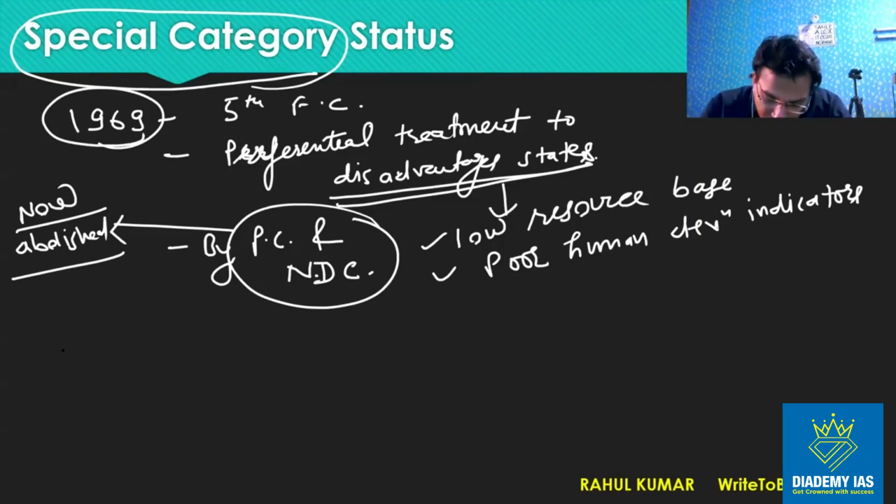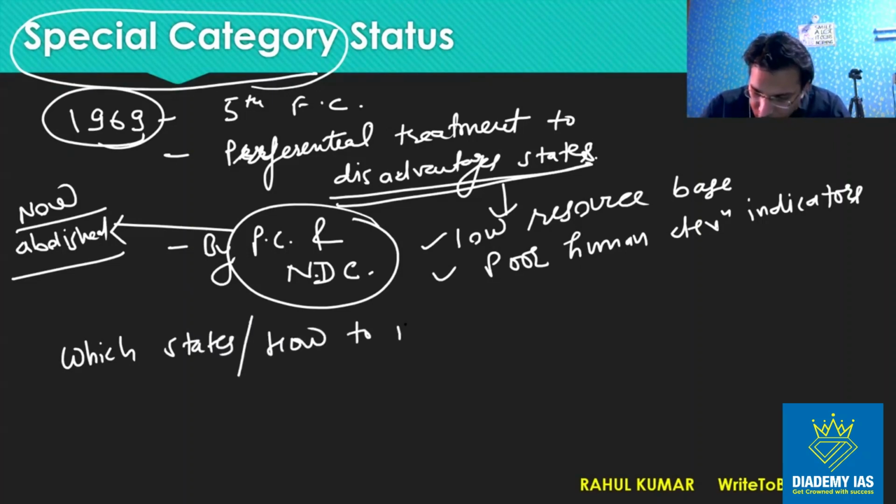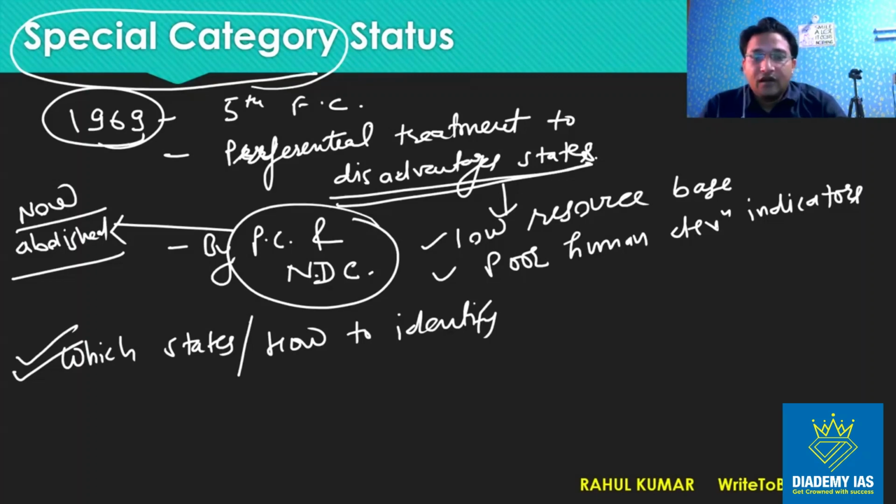Now, which states, or how to identify such states? To identify such states, some parameters were kept. Number one, these states can be hilly and difficult terrain states.